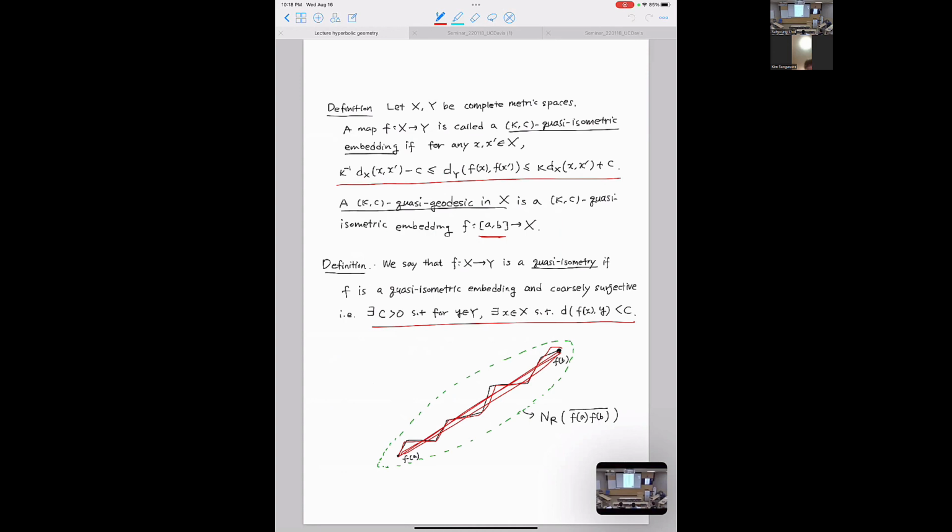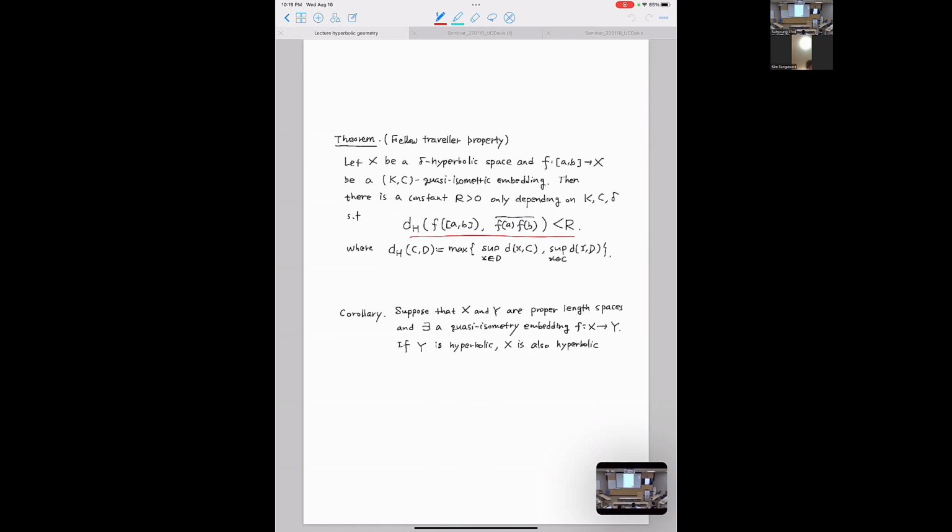This picture also shows the meaning of the property: if you have a quasi-geodesic like this and join the two points by a geodesic, then the quasi-geodesic is contained in the R-neighborhood of the geodesic joining the two endpoints. We will use this corollary later.